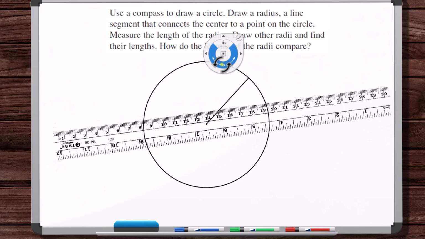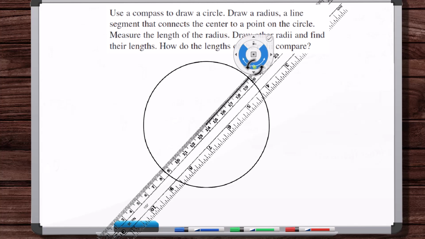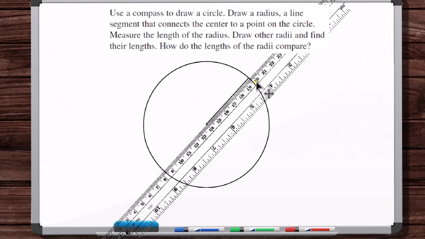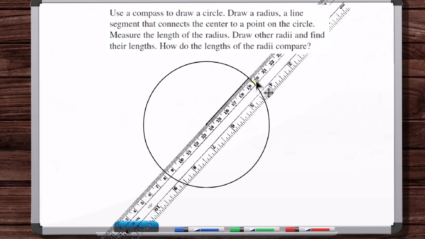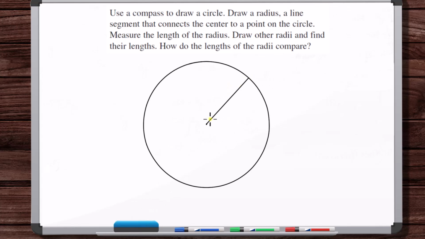We can get an accurate reading. So, okay, 14 is the 0 point, and then it goes out to 10, 20, 30, 40, 50, about 56 millimeters. So we'll say the length of AB is 56 millimeters.